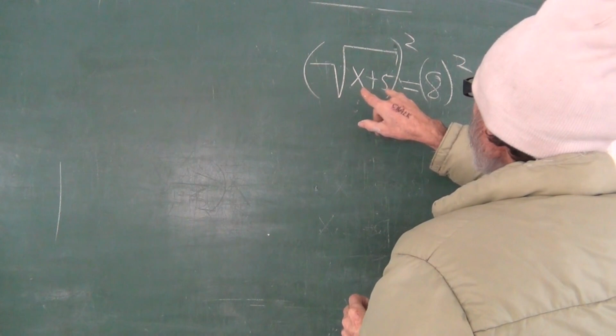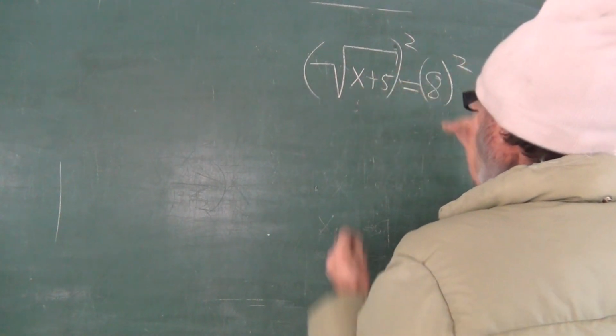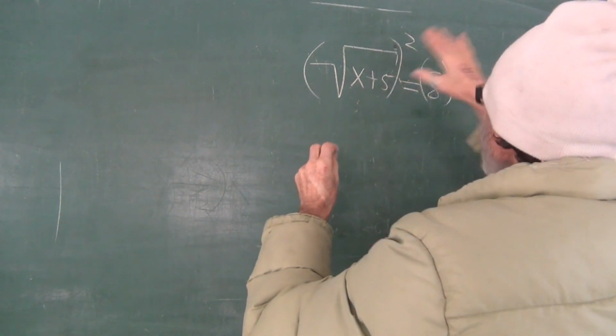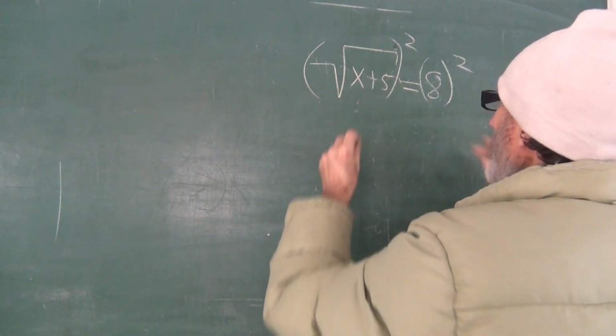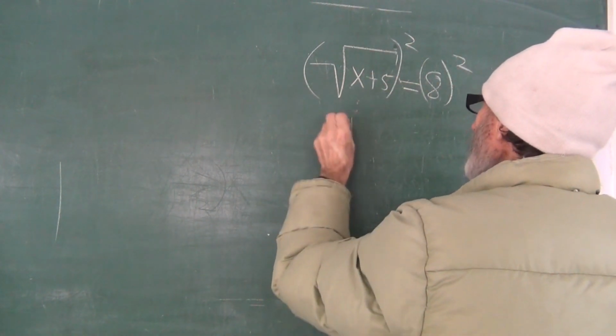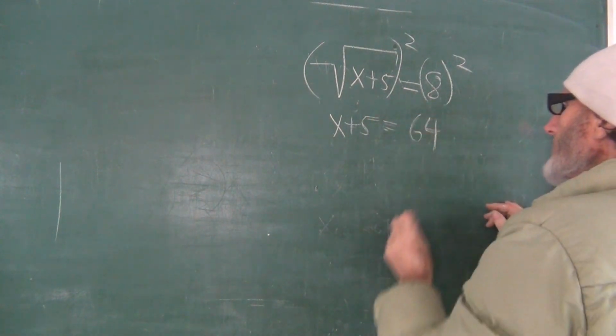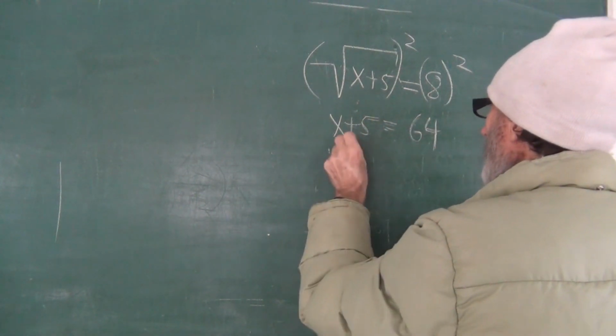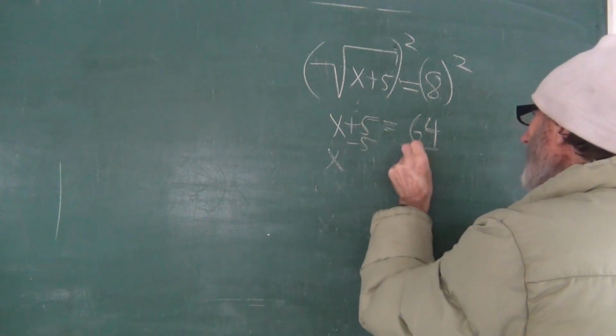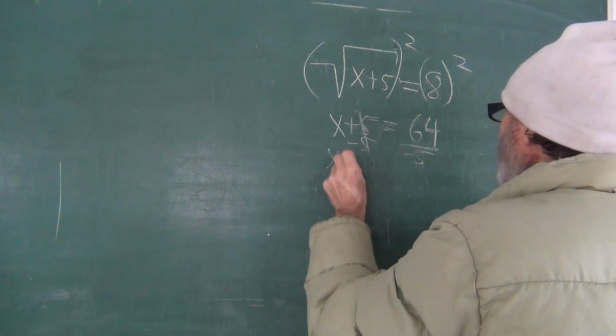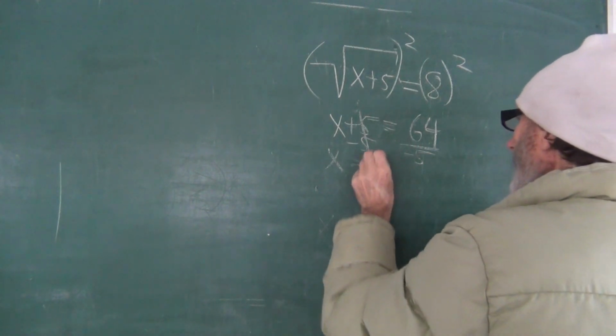So that would be the square root of x plus 5, squared, which is going to be x plus 5. And then over here it's going to be 64. So that means x would be, subtract 5 from both sides, and we end up having x equals 59.